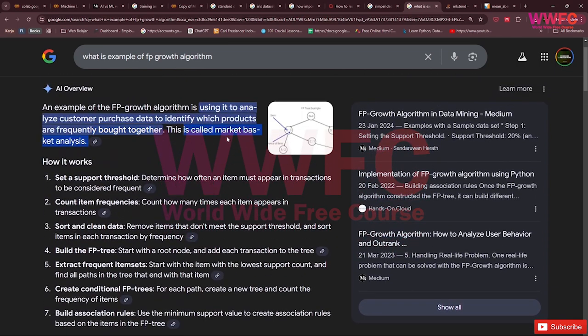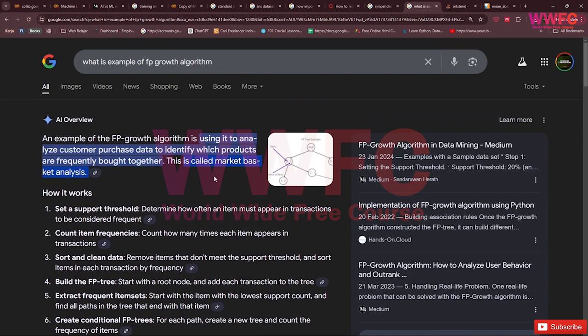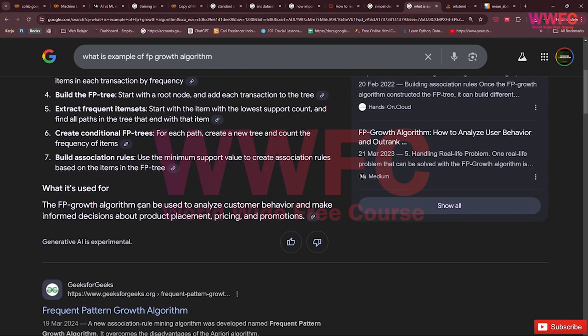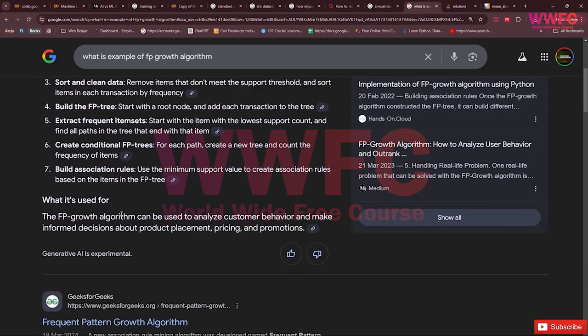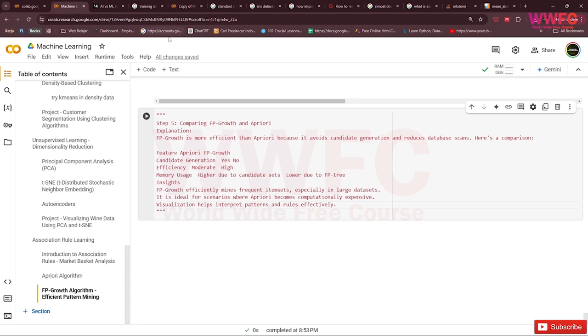This is called market basket analysis. Market basket analysis has a few algorithms, like Apriori and FPGrowth. But FPGrowth is considered a much better algorithm than Apriori, because of these comparisons between FPGrowth and Apriori for market basket analysis.